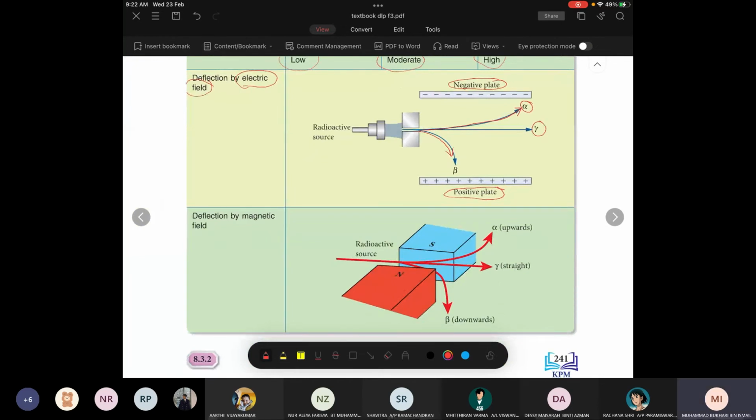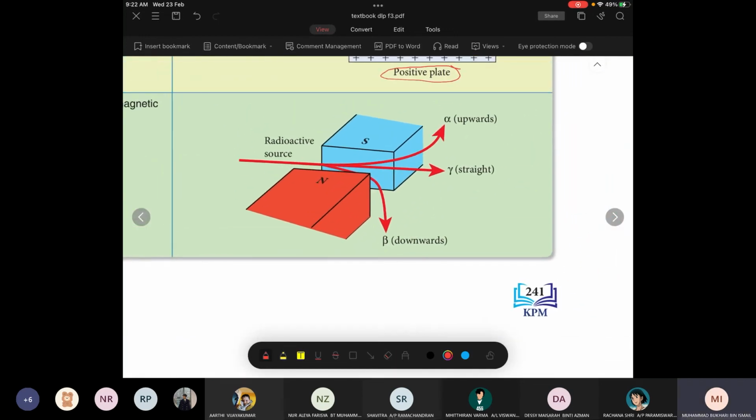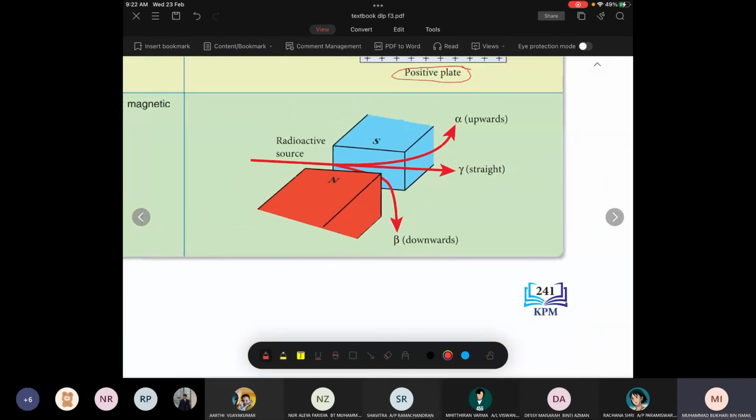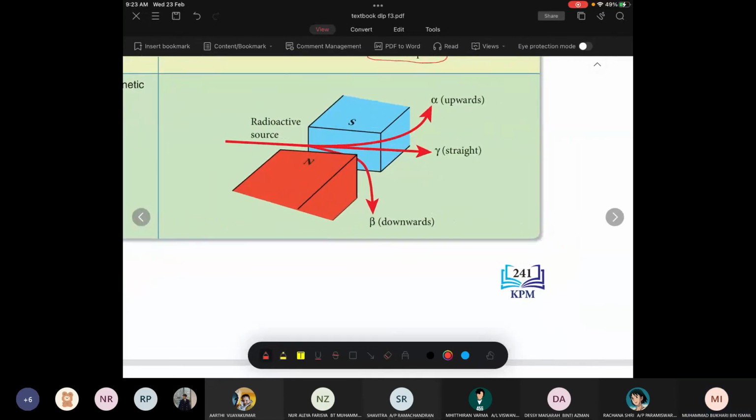Okay, that is about deflection of radiation in electric field, and the next one is deflection in magnetic field. Actually, how we determine the direction of deflection is by applying Fleming's left-hand rule. However, you have not learned it yet.